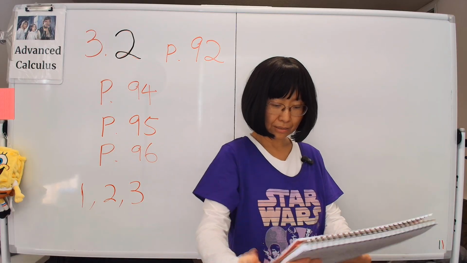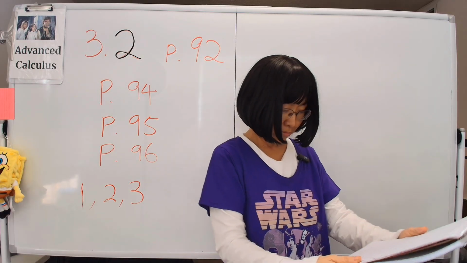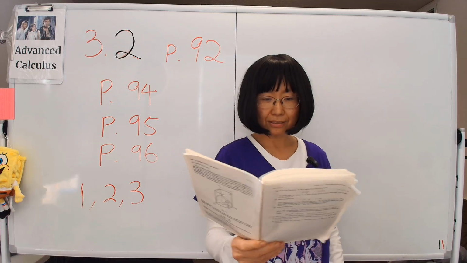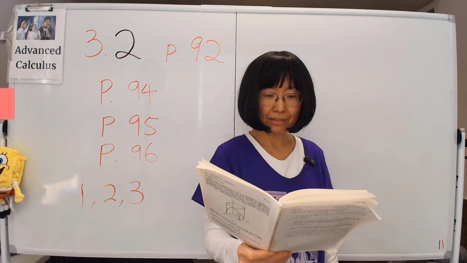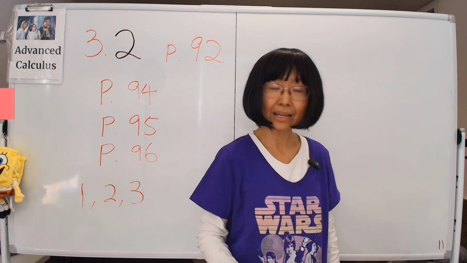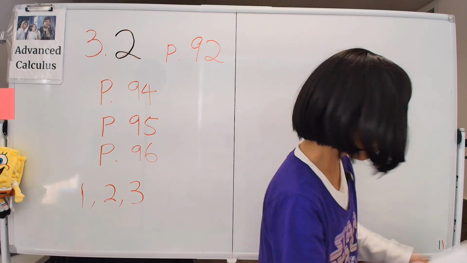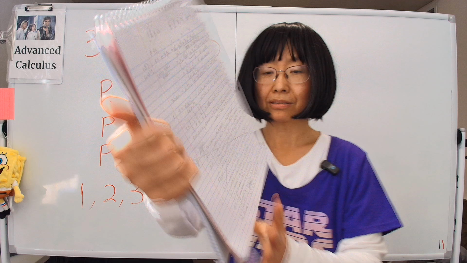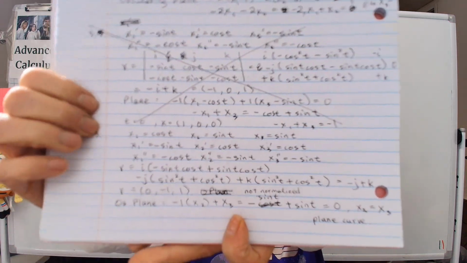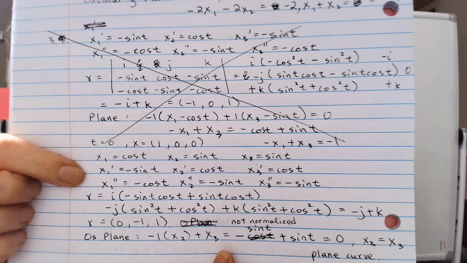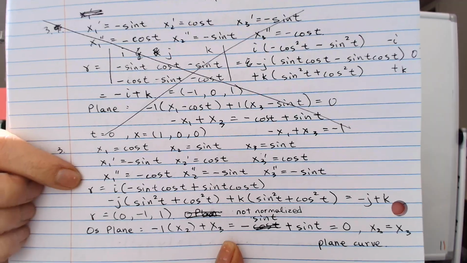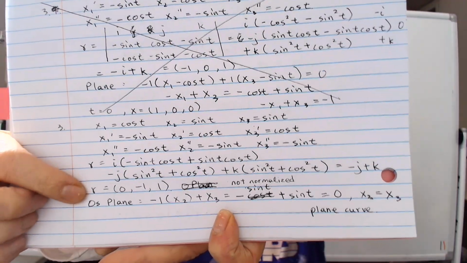And next, let's consider problem 3. For this problem 3, we need to again calculate the osculating plane at some point, any point. So we do that again. We are going to calculate gamma, which requires us to do both x prime and x double prime, and do a bunch of stuff.